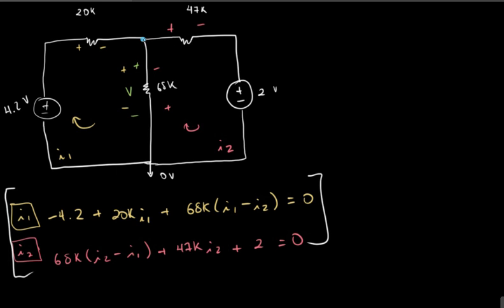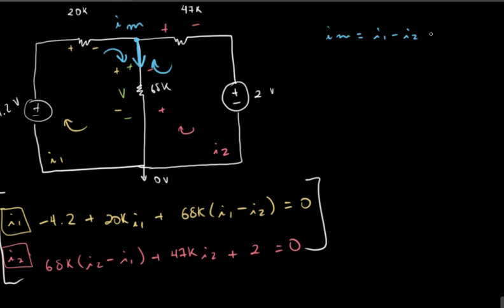And this current that splits right in the middle, I'm going to call that IM. And IM is simply going the same direction as I1, but it's going in the opposite direction as I2. So IM is I1 minus I2.